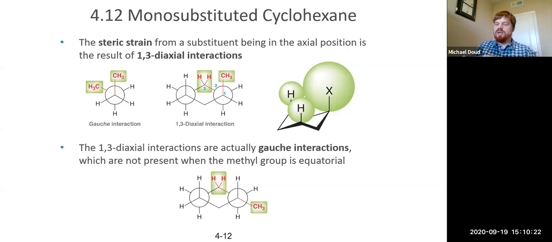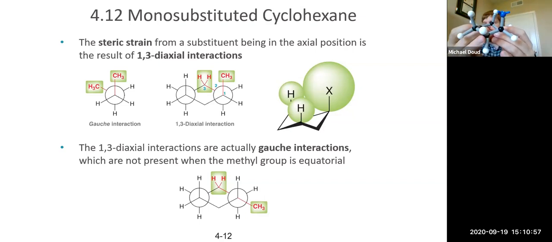So let's put our methyl group in the axial substituent here. Once I get it in the chair mode again, I'm going to show you. Great, okay. So it's axial there. Now the way we want to look at this is, we can draw a special Newman projection by looking at two Newman projections at the same time.